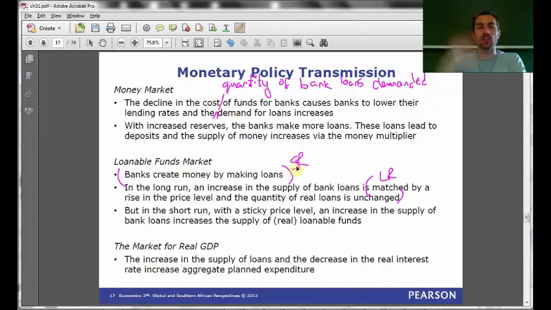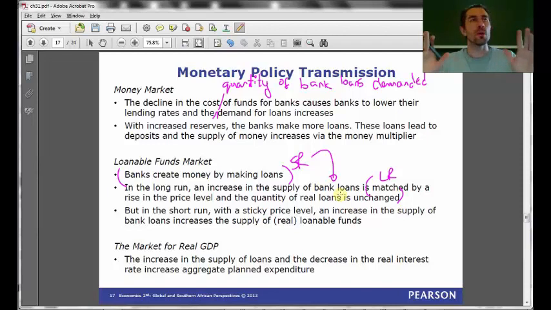There was an increase in the supply of loans. So the short run, increase in the supply of bank loans. But in the long run, remember what happens? Price level increases, real money supply actually decreases. That decrease in the real money supply makes the available loanable funds decrease. In other words, there's a shift back to the left in the supply of loanable funds.